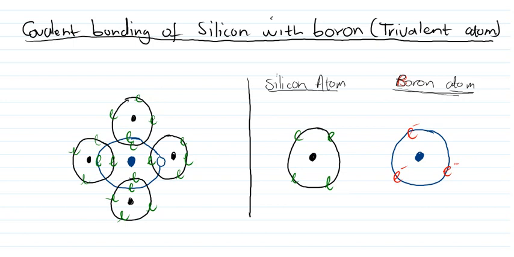As we can see, our poor silicon electron has no bonding partner from the boron. All the other ones have found their bonding partner. So now we have a hole, and this hole is what increases the conductivity of the silicon crystal. Moving on.